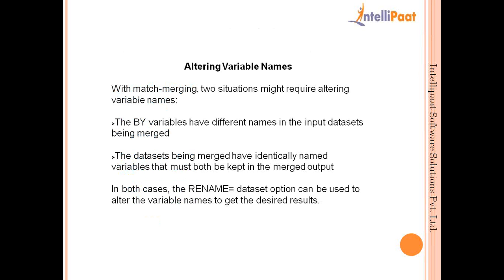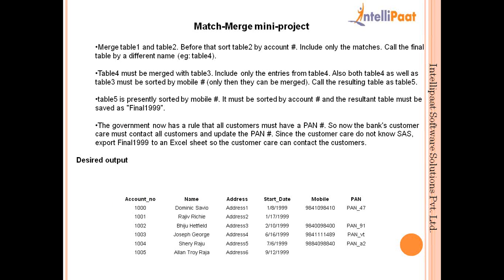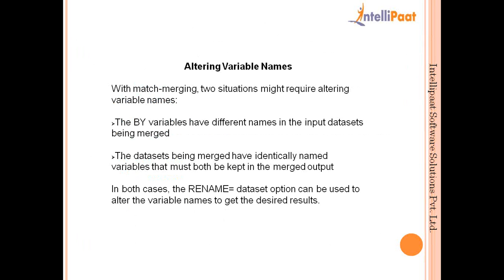Now the next thing which we are going to talk about: this mini project, you will be doing it as an assignment. All the steps are given, the result is given, you just need to apply sort and merge. Then altering variable names. Okay, with match merging, two situations might require altering variable names.